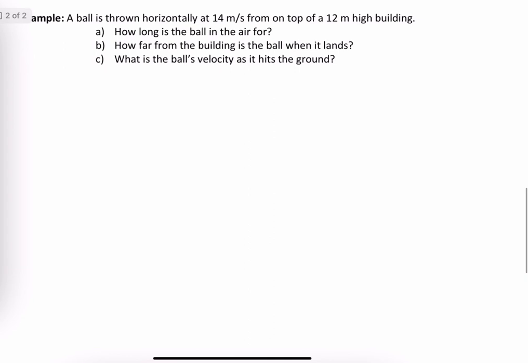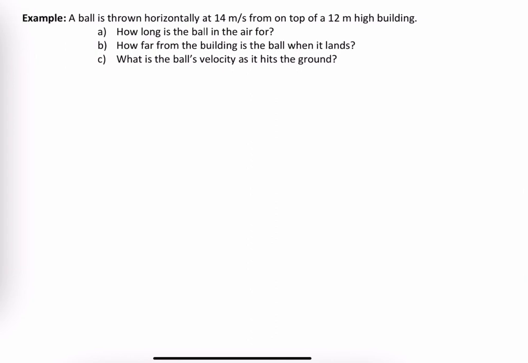So here's the example. A ball is thrown horizontally at 14 meters per second from on top of a 12-meter high building. Okay, let's draw this out. Here's my building, and there's the ground. Building is 12 meters high.